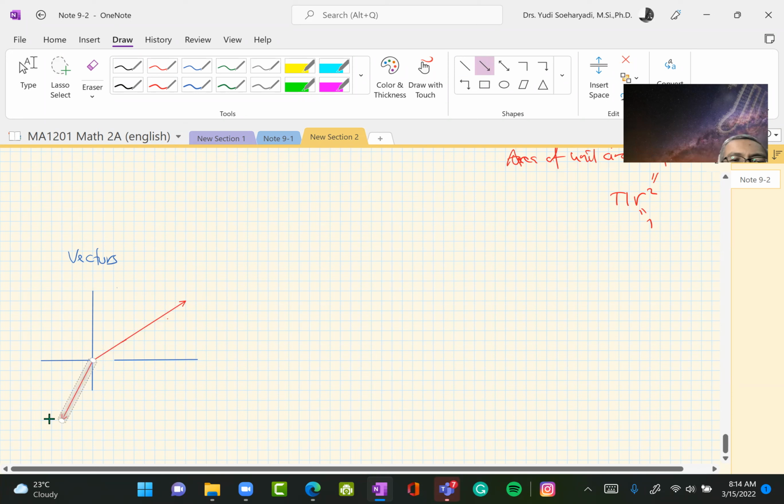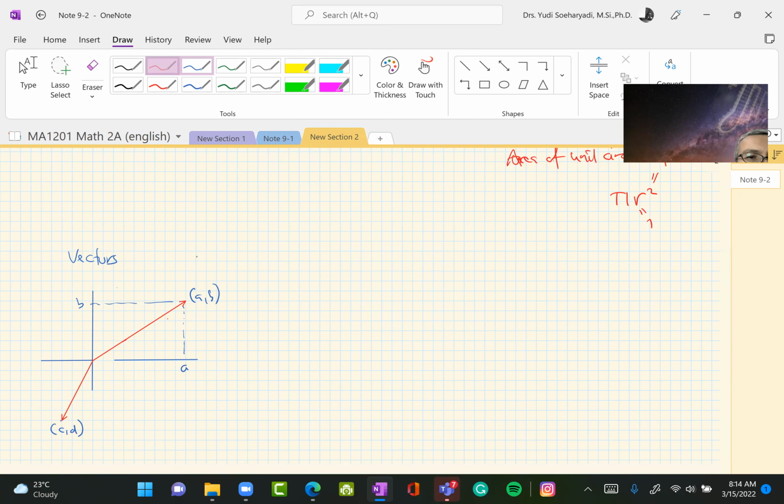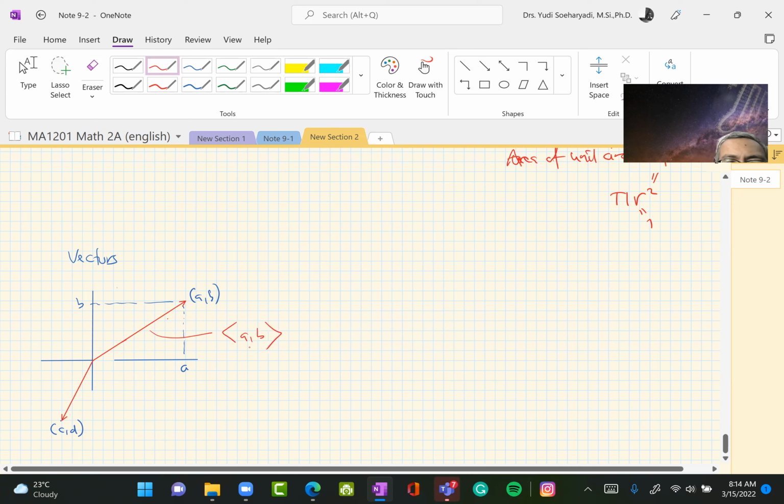Vectors. Say this is the point A and B, so point A, B. And this vector is denoted as <A, B>.